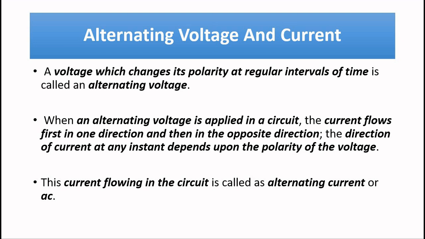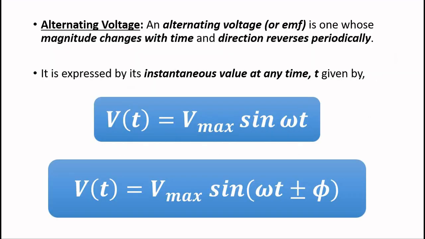The alternating voltage can be expressed in this form, the instantaneous value v(t) equals Vmax sin omega t, where Vmax is the amplitude or maximum value or peak value, omega is the angular frequency, and t is the time. Here no initial phase angle is considered, but when we include a phase angle, it will be plus or minus phi depending upon whether the waveform is leading or lagging. Plus for leading, minus for lagging.